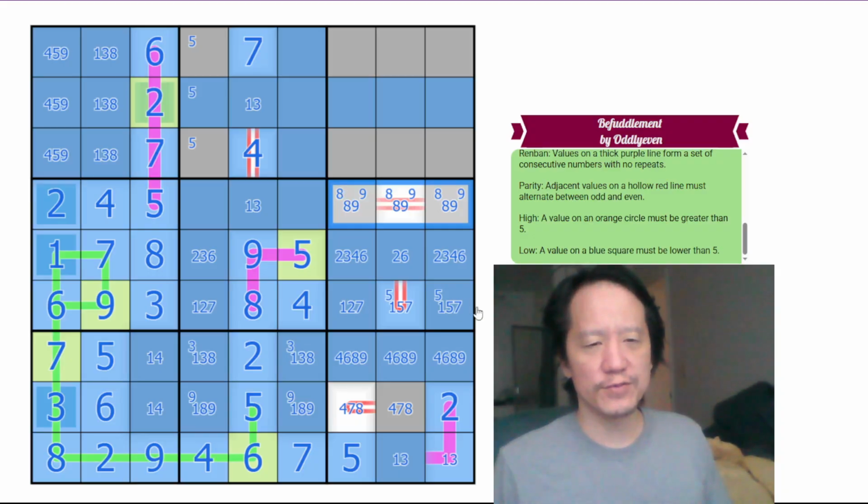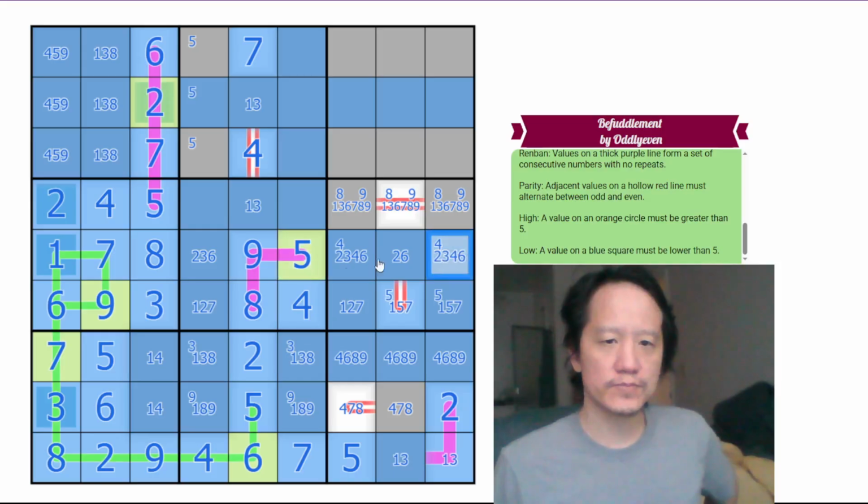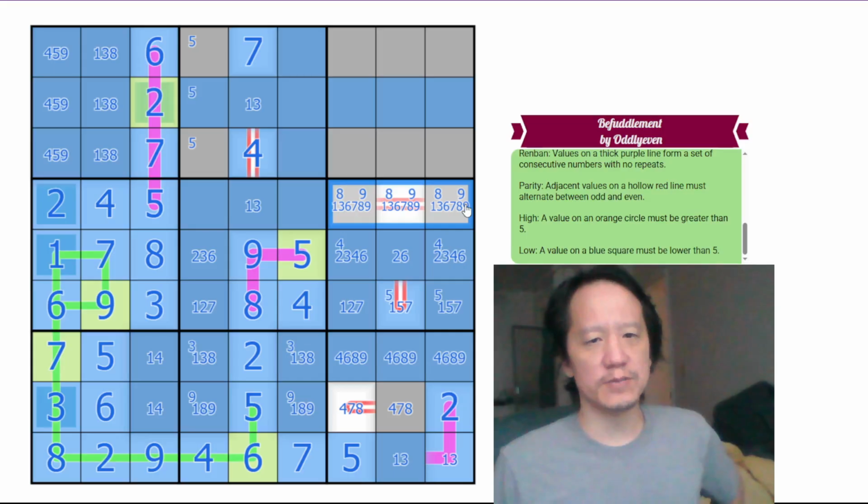We have 1, 3, 6, and 7. 4 has to be one of these two. The 1 or 3 could be doubled here. That would be fine. The 8 could be doubled.